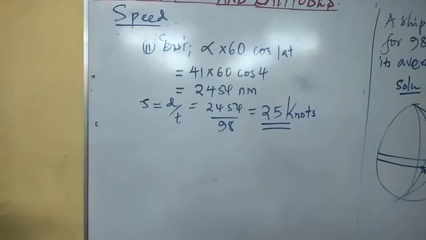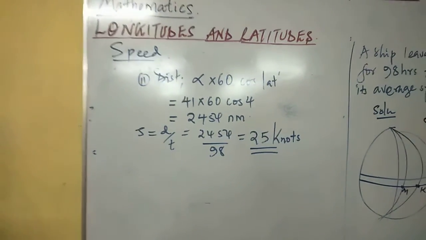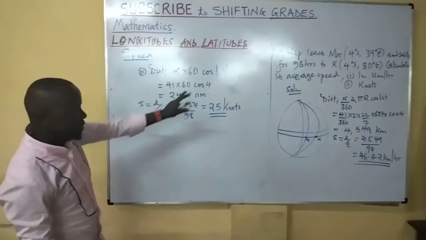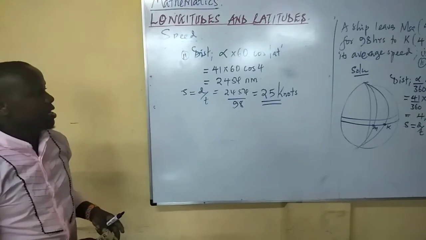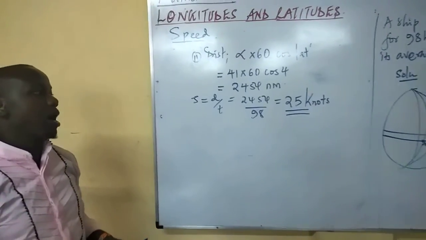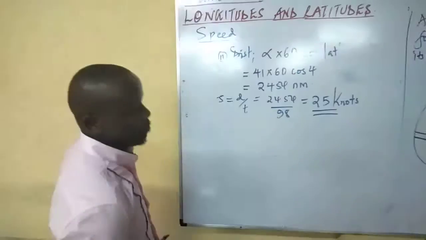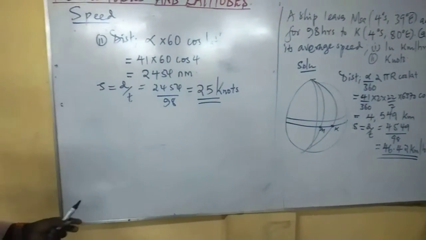Speed in nautical miles per hour is expressed as knots. So that is what we call speed in this topic. For the other distance in kilometers, as usual, we express speed as kilometers per hour.